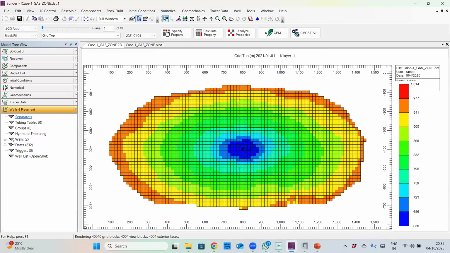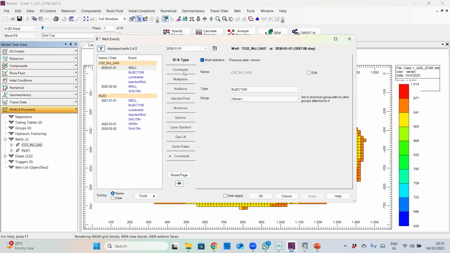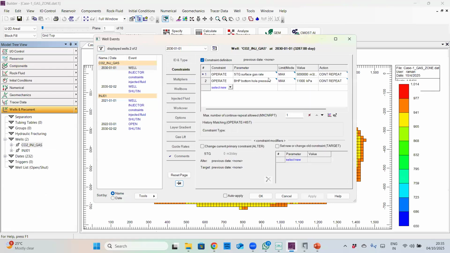In this model, I have one well called CO2 INJ gas, with constraints of surface gas rate of approximately 5 times 10^6 cubic meters per day and a max BHP of 11,000 kilopascal. If you remember, the supercritical pressure of CO2 is 7,400 kilopascal.